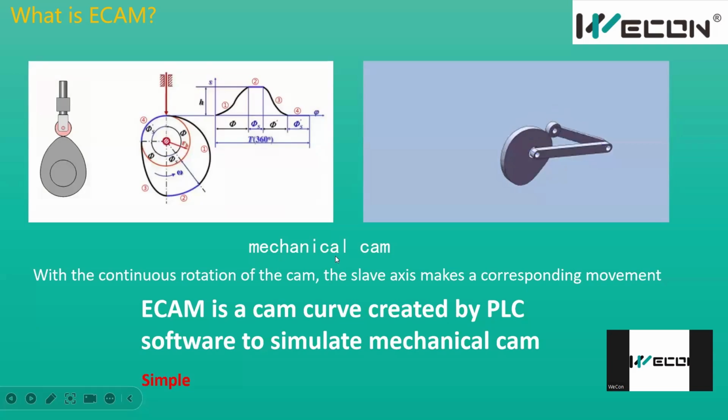We can easily see it will be easier to create an ECAM, an electronic cam curve, instead of creating a mechanical cam. And in software, we can design different ECAM curves according to different applications. Also, the PLC ECAM function is more economical compared with a mechanical cam.